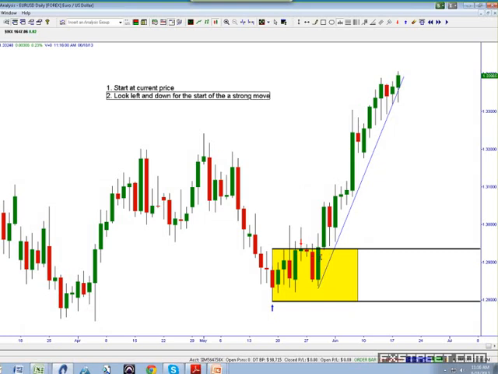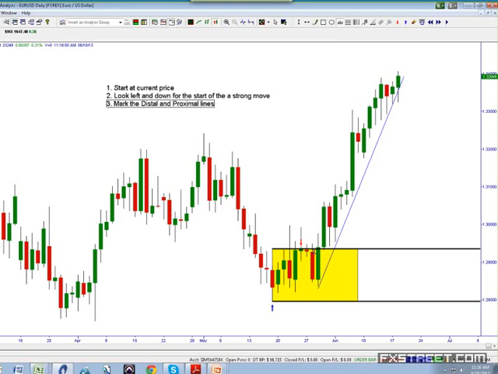So my overall move started way down here. That's why I started at that point. Number three, mark the distal and proximal lines. And I have rules for that. As I mentioned, I'd use the low and the body of the basing candles.